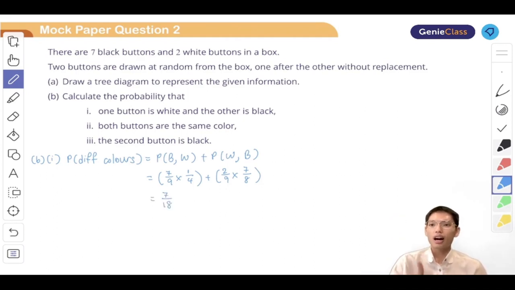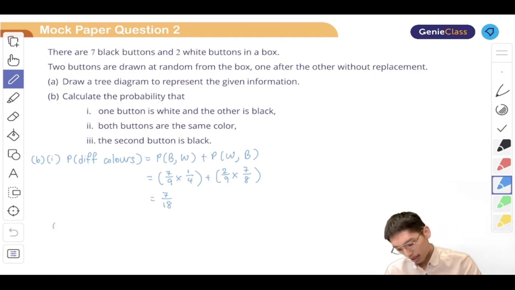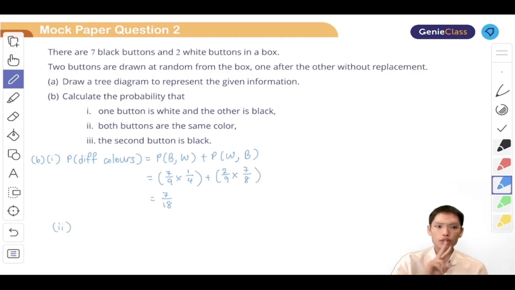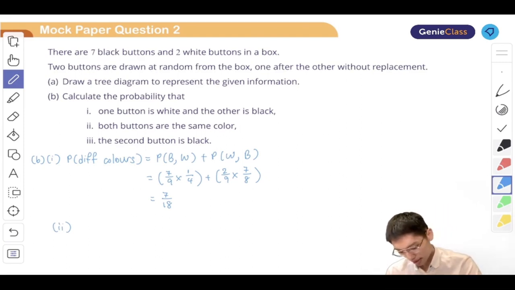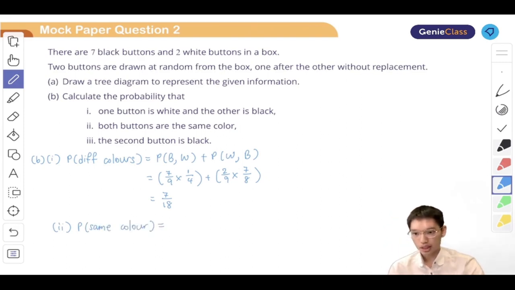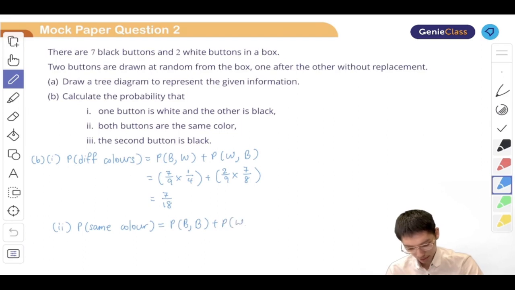That's the notion here. And next up, there are two ways to actually do part 2. Both buttons are of the same color. You can actually do 1 minus part 1, or since you have the tree diagram, utilize it. Both have the same color, which in this case is both black or both white.